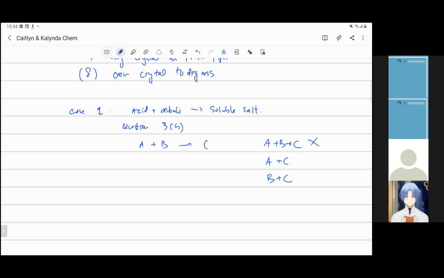In the first case here, we keep adding more and more base until they are not reacting anymore. We can be sure from the theory that no acid will be left, only base. But in this case, we have to make sure that neither A nor B is in excess, only C is left.